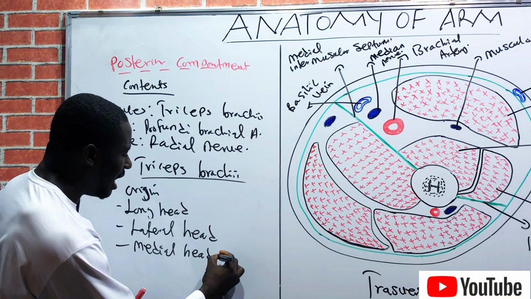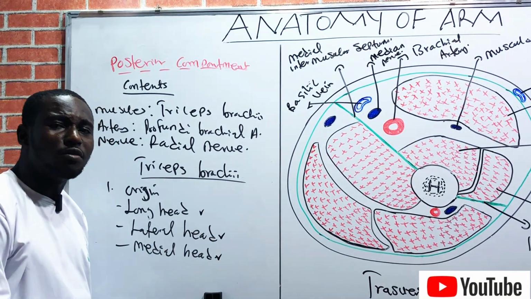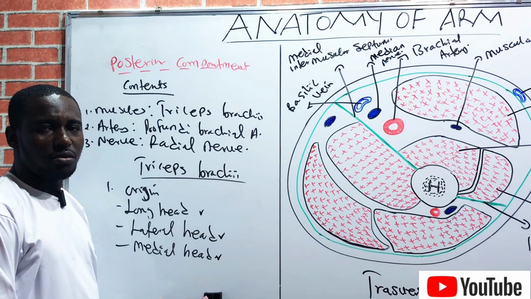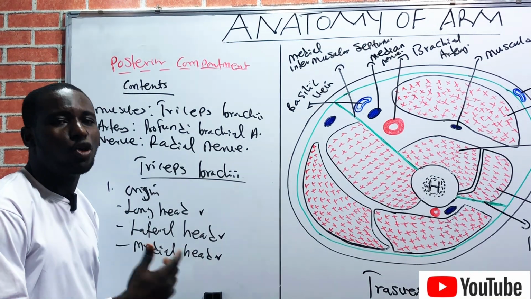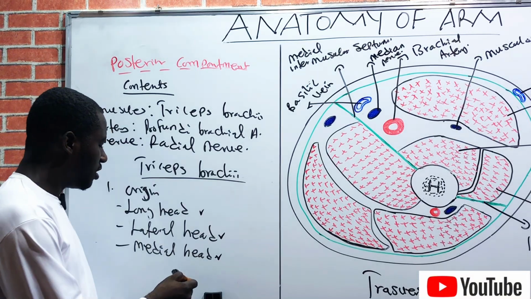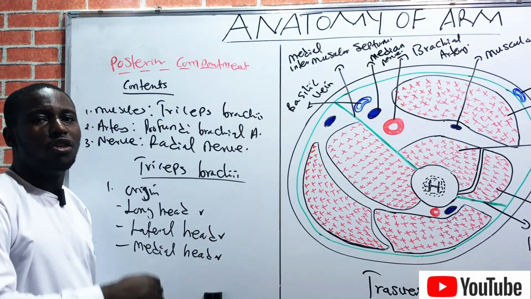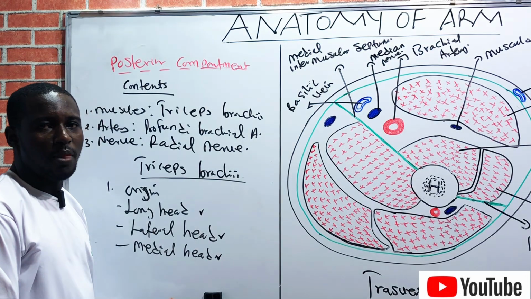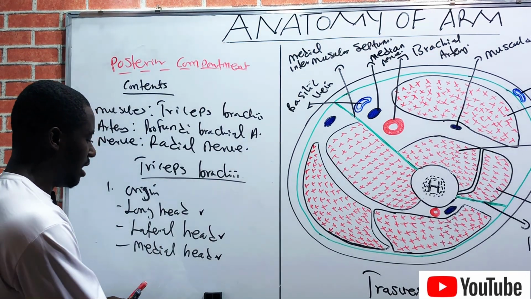While the medial head originates on the posterior surface of the lower half of the shaft of the humerus, below the spiral groove. That is the origin of the medial head.